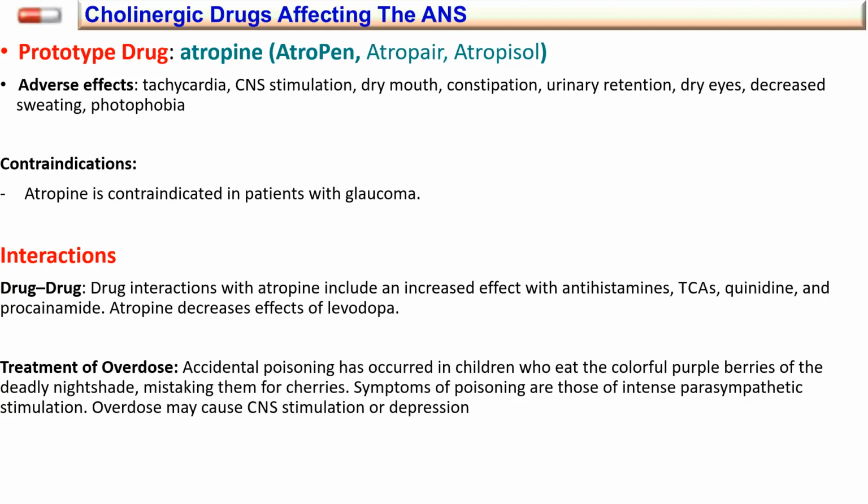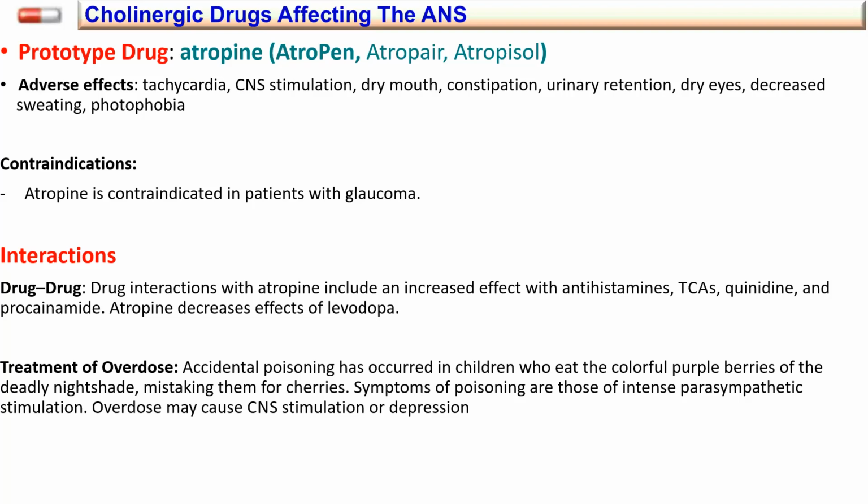So atropine is contraindicated in patients with glaucoma because the drug may increase pressure within the eye. The intraocular pressure may elevate in response to atropine and its effect on the eye. So it's contraindicated in patients with glaucoma.